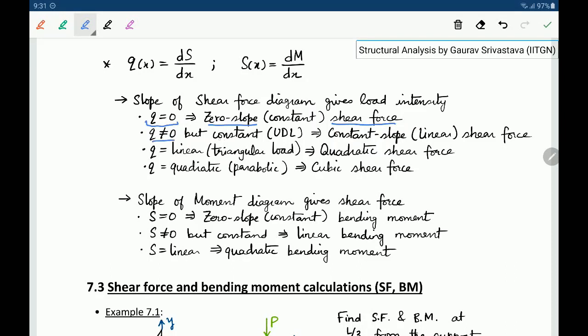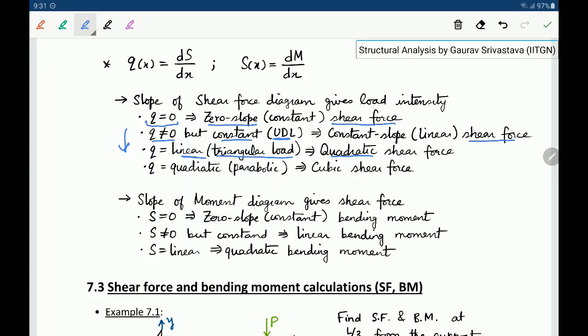If Q is non-zero but constant, which happens in a UDL, a uniformly distributed load, then we will have a linear shape for the shear force. If Q is a linear load, which means something like a triangular load, then the shear force will have a quadratic shape. And you can continue to argue this way, and you can find out the correctness or the order of the shear force diagram depending on the applied load intensity diagram.